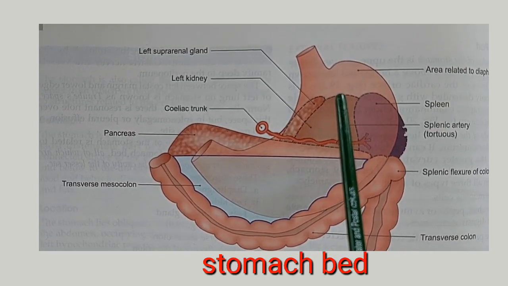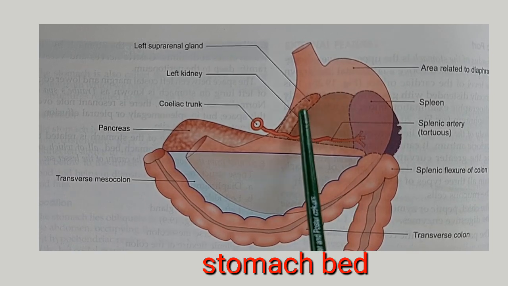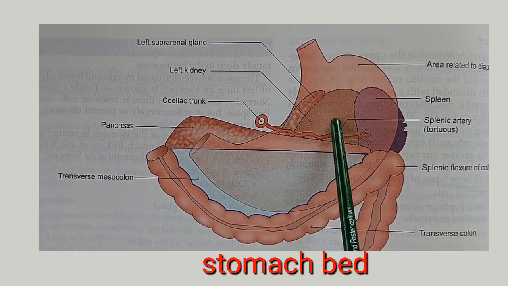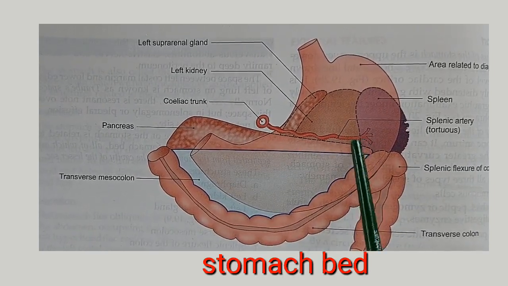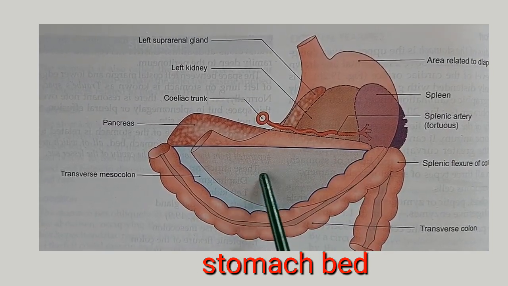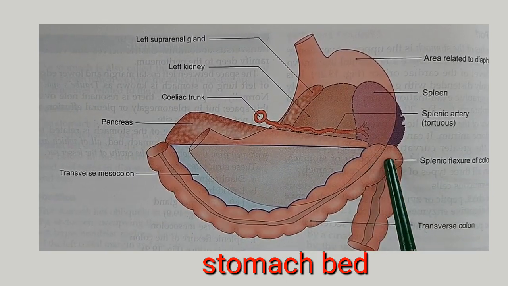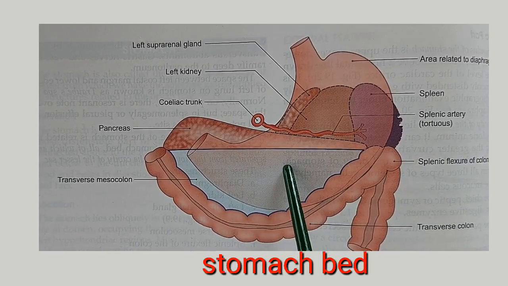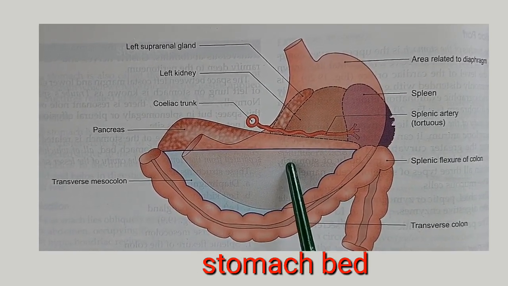In the upper part, the left crus of the diaphragm, then the left suprarenal gland, anterior surface of the left kidney, then the tortuous splenic artery, anterior surface of the pancreas, anterior layer of the transverse mesocolon, and sometimes the left colic flexure. These structures are separated from the postero-inferior surface of the stomach by the cavity of the lesser sac.